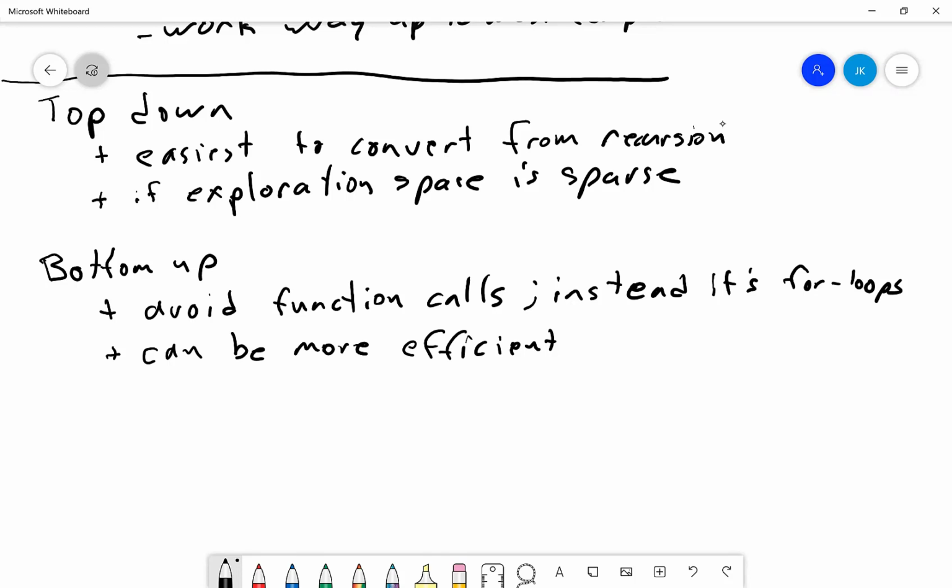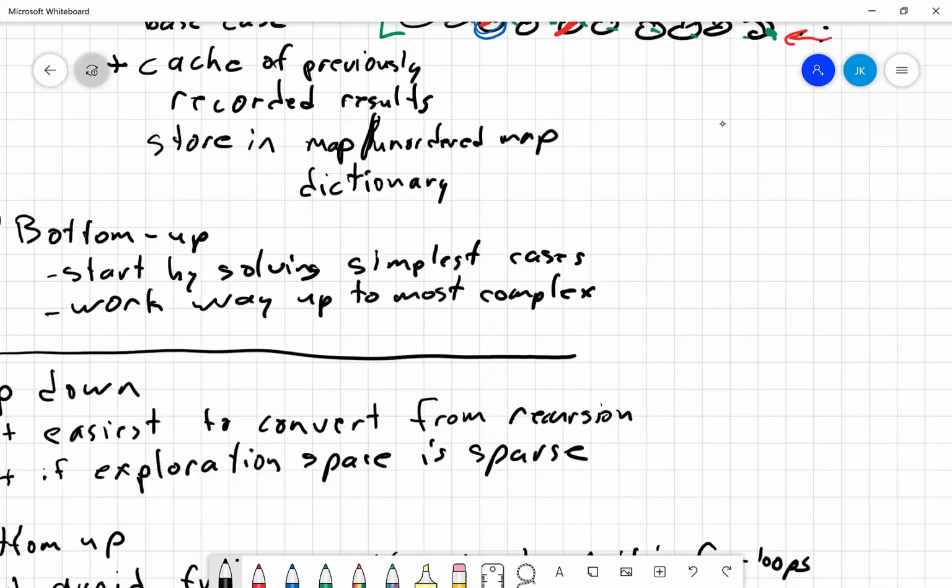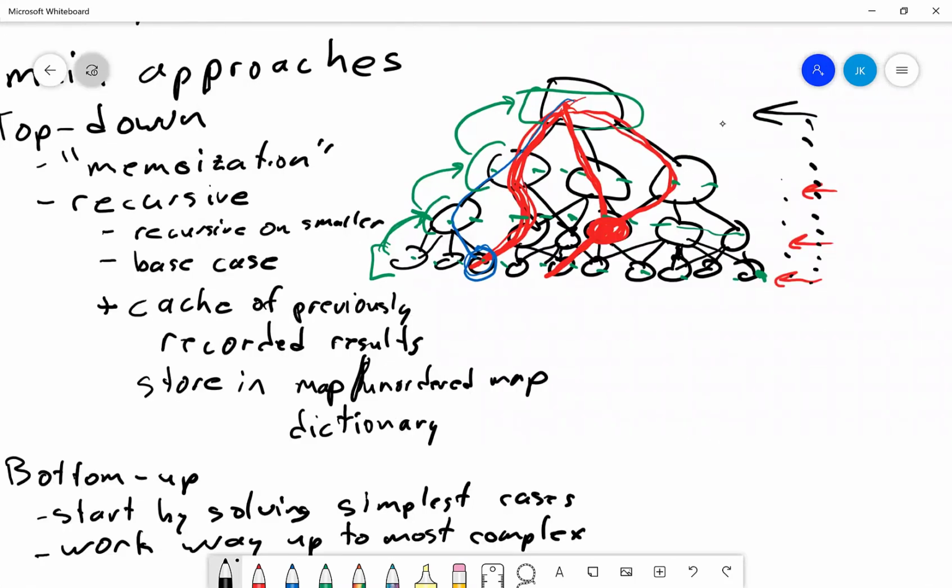It can also sometimes, if I think back to this problem that was up here, if I can compute one level and then go up to the next level, I might only need to keep one previous level. After I've computed this second level from the bottom and I go up to the one above that, I might be able to throw away all my data from the bottom level and just keep the next one, and just keep the next one.